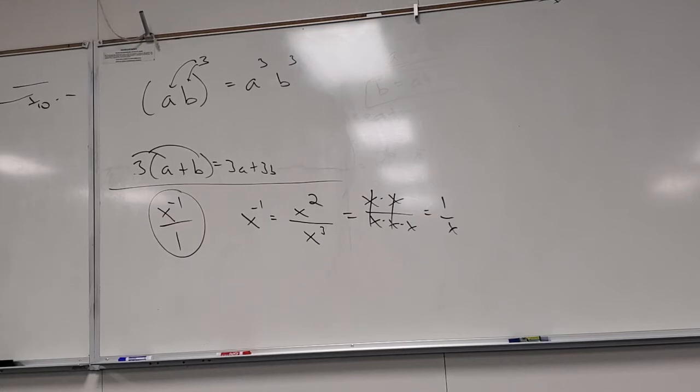If I divide by x again, look at the powers. What are the powers doing? Every time I divide by x, don't I lose an x? I had 2, I got 1, now 0, and I lost another one, so now I've got negative 1. What's 1 divided by x? 1 over x.